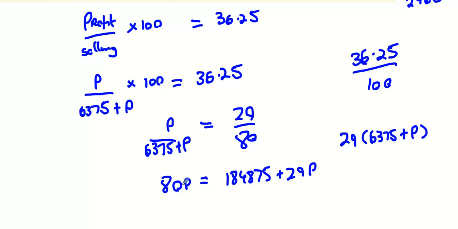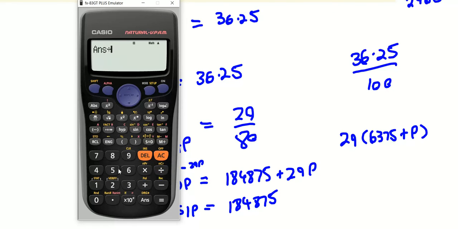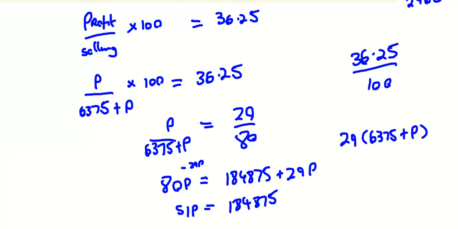Bring the 29P out the other side and take it away, and you get 51P equals 184,875 divided by 51. And you actually made a profit of 3,625.